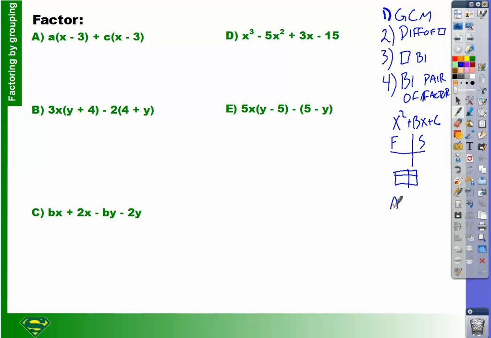If you have ax squared plus bx plus c, noticing the difference here is there is no number in front of here that's written, and there is a number in front of here. This is when you're going to have to do your possible factors and linear term table. And then finally, the last form of factoring that we are going to discuss is factor by grouping.